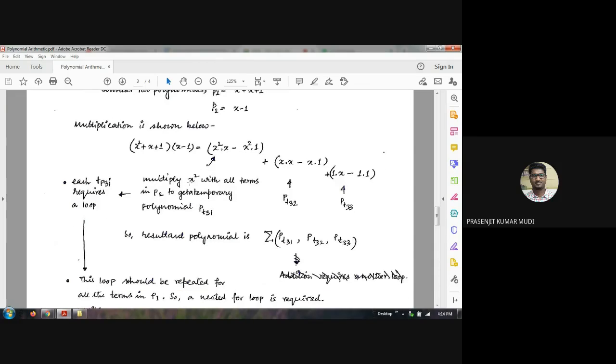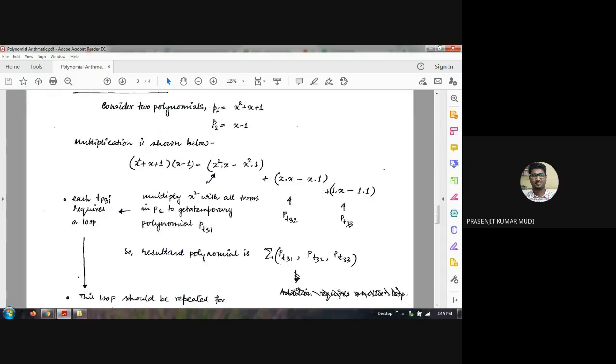So multiply x square with all terms in P2, the second polynomial, to get a temporary polynomial. If you multiply x square with all the terms in the second polynomial, you get a temporary polynomial. We denote this temporary polynomial by the notation PT31.